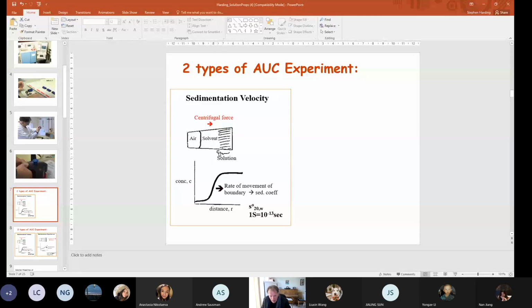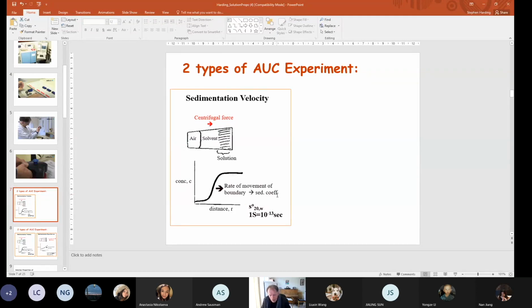This region has high absorption of UV radiation because that's where the protein is. And in between, you've got this boundary between solvent and solution. The rate of change of this sedimentation profile gives you the sedimentation coefficient.